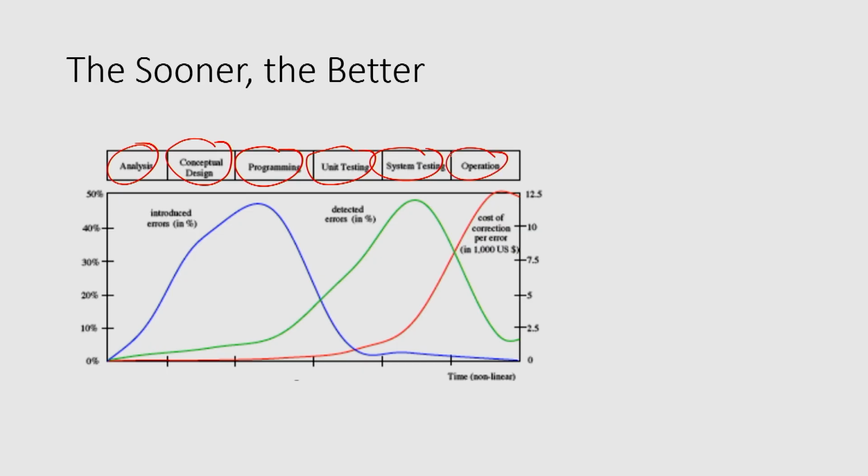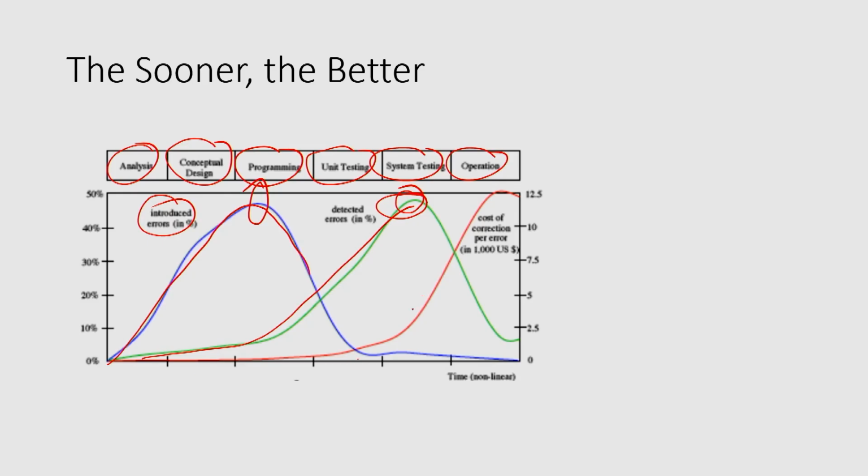So if you think about it this way, most of the bugs, this is called introduction error, are introduced during programming, right. This is a human error. So 50% of the bugs probably get introduced during programming, and then it goes down. And the detection mostly happens during system testing, right, verification. So this green line is the detection. Most of the bugs get detected during system testing, and this goes down.